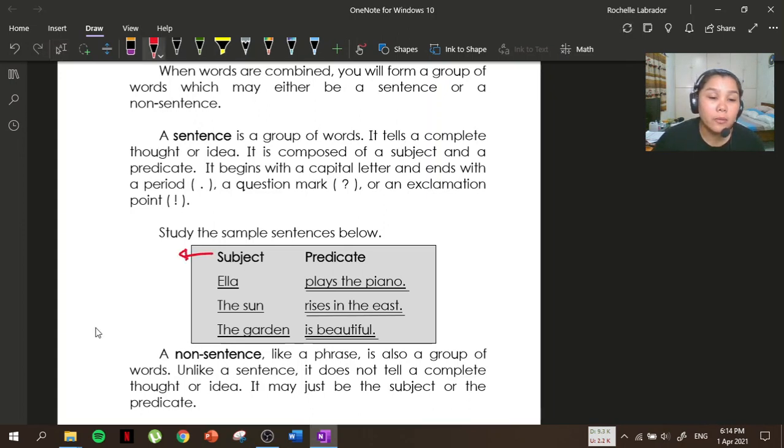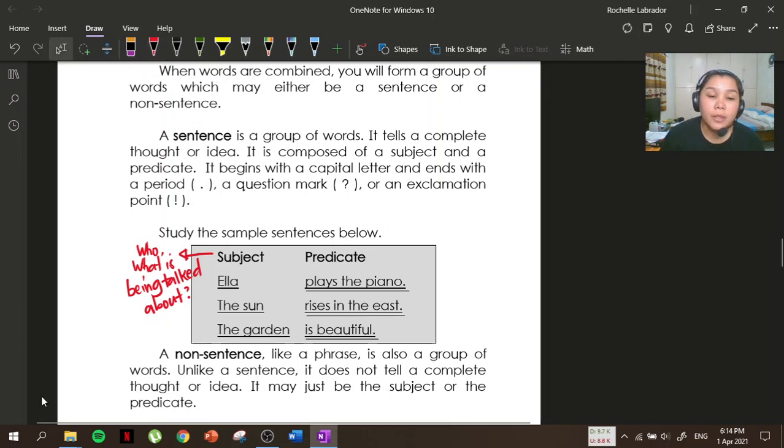So it answers who or what is being talked about. Tungkol ba saan? Okay, so if this can answer the question, it means that you have the subject in the sentence.